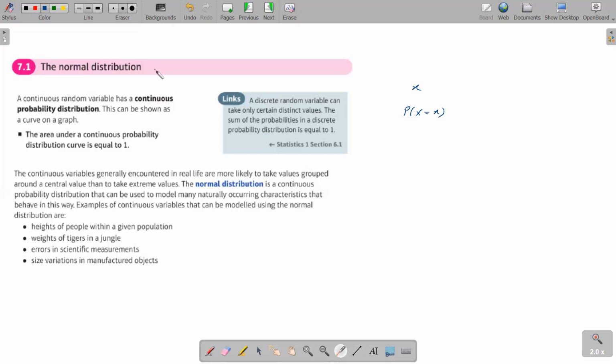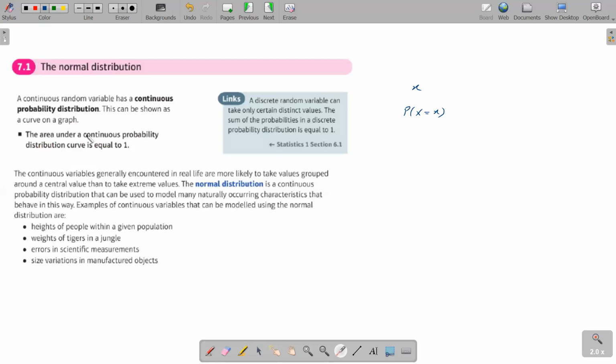You can get any value in a given range, which means there are so many x values that you can't simply make a table here. It's not possible to make a table with a few set of x values. That's why continuous distributions must be modeled using a curve. You need to draw a curve to model this.